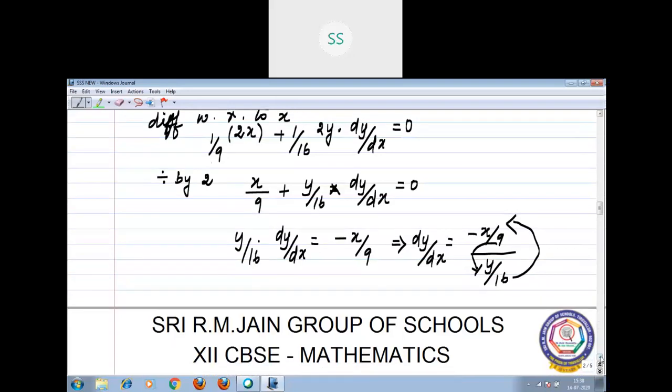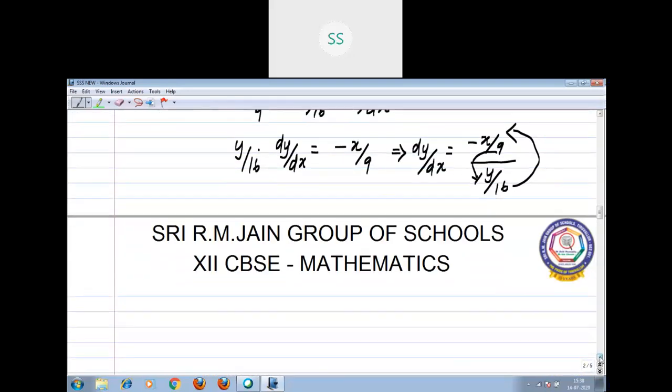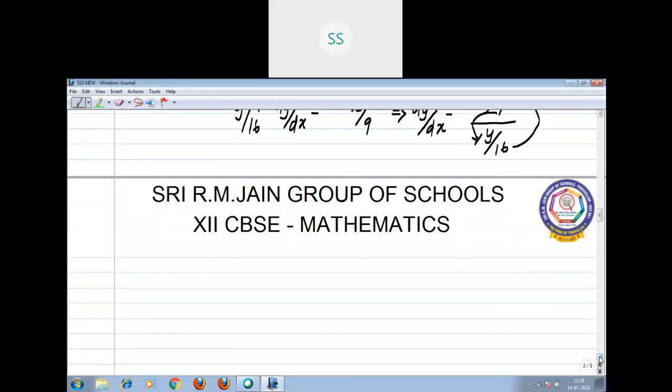Yeah, very good. dy by dx equal to minus 16x divided by 9y. First step you completed. Now we'll enter into the subdivisions.